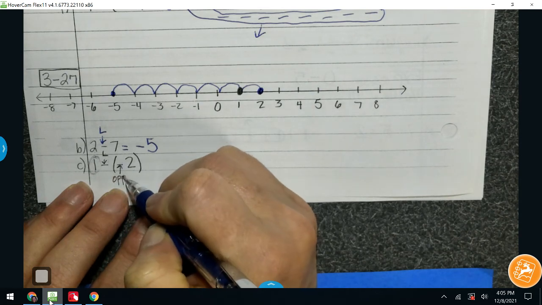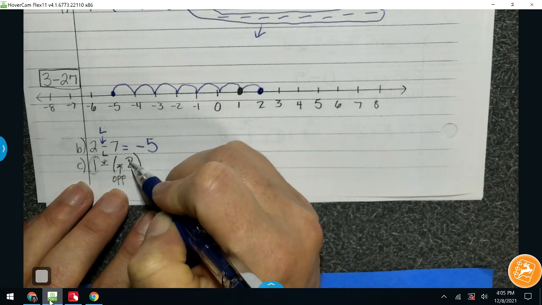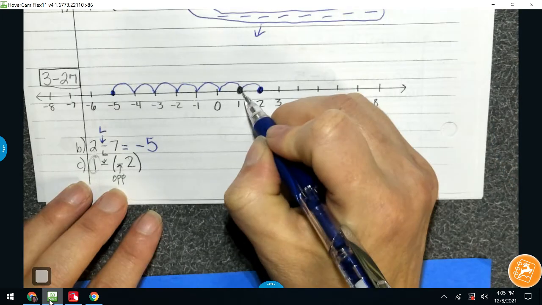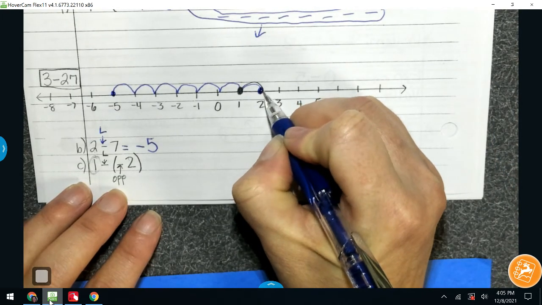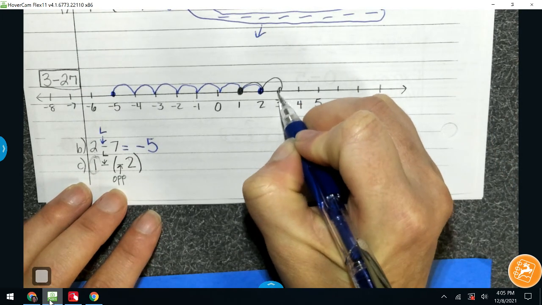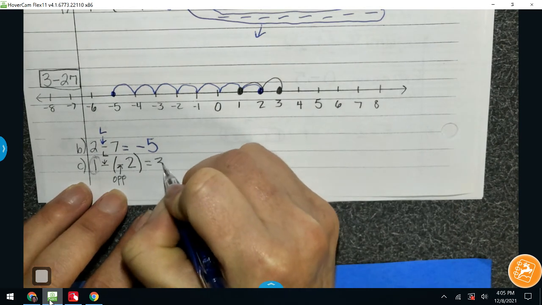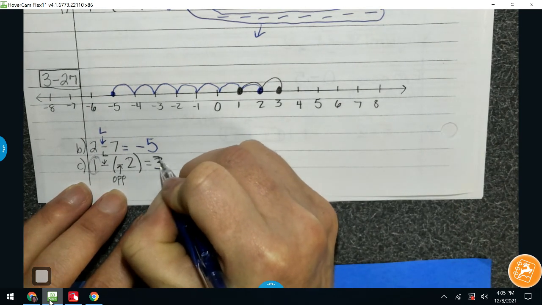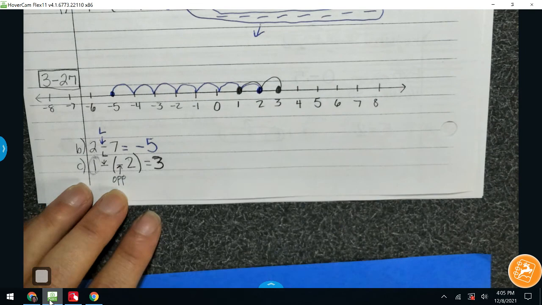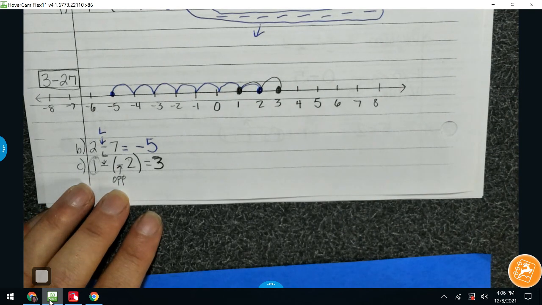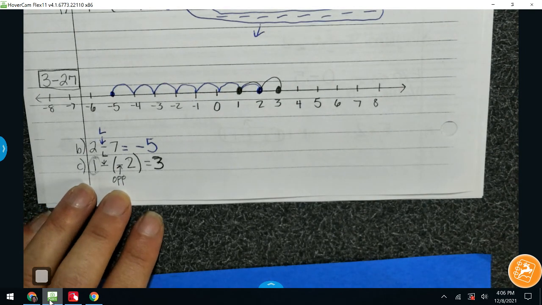Oh, no, I'm not. I'm going to go to the right 2 spots, 2 units. So I have 1, 2, and I end up at positive 3. Hope that's dark enough for you to see. I don't usually use pencil on this for that reason.